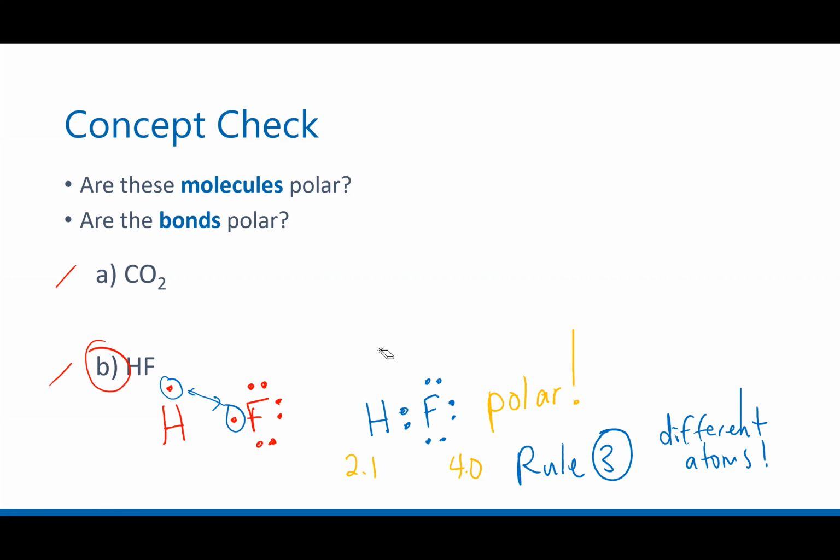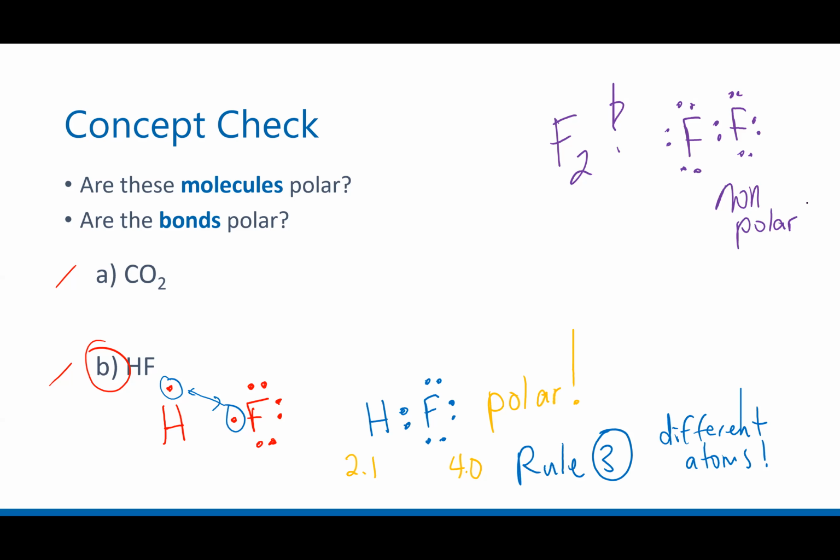If these were the same elements, so imagine if I gave you this molecule on a test, F2. Well, F2 would look like this. I hate drawing all these dots, but anyways. There is no central atom, and this is non-polar.